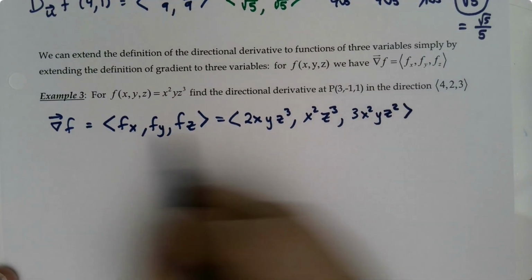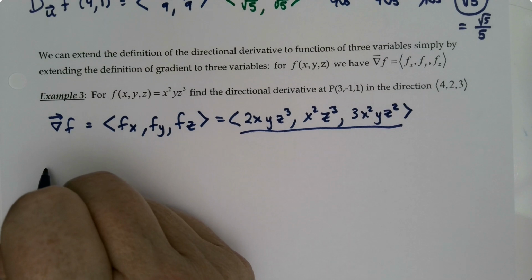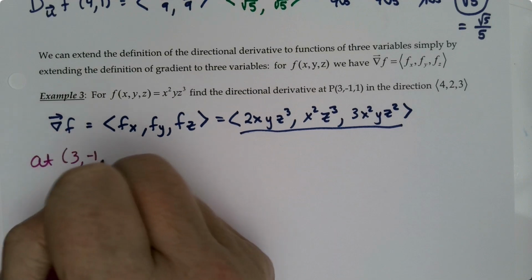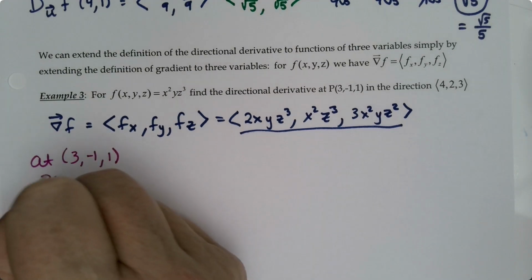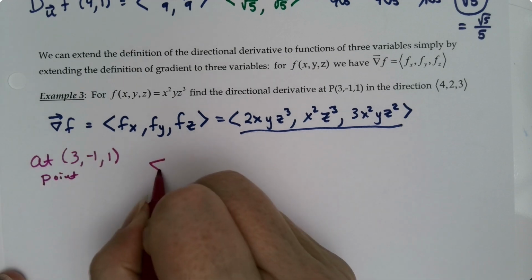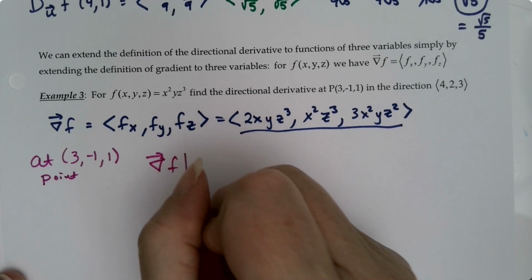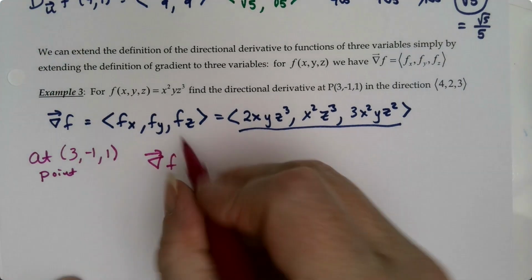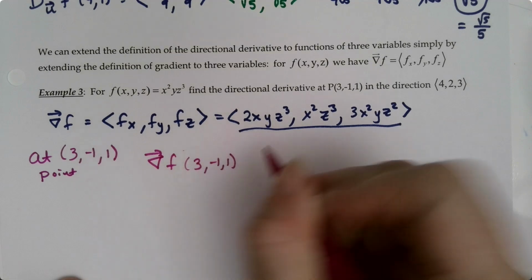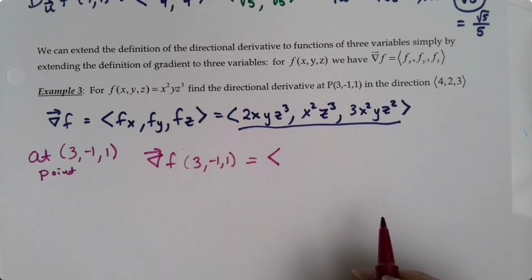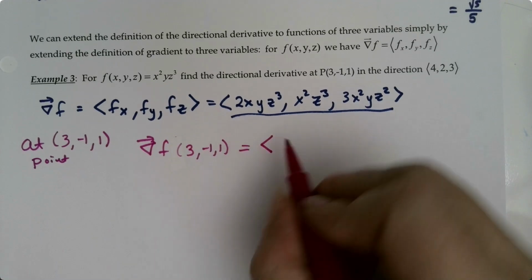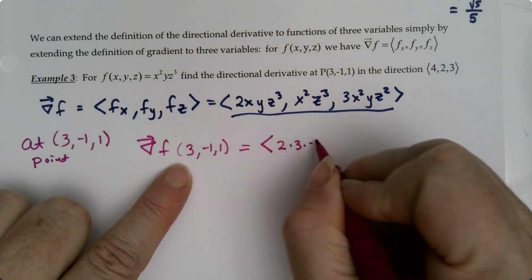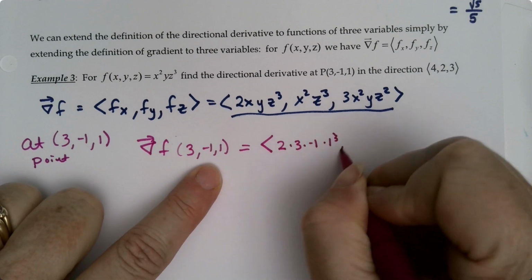All right, so this is the generic gradient. Now I want it at the particular point we're looking for. So 3, negative 1, 1. Right, that's our point. So then we're going to find the gradient of f at 3, negative 1, 1, which is equal to, okay, so we're going to start substituting. 2 times 3 times negative 1 times 1 cubed.